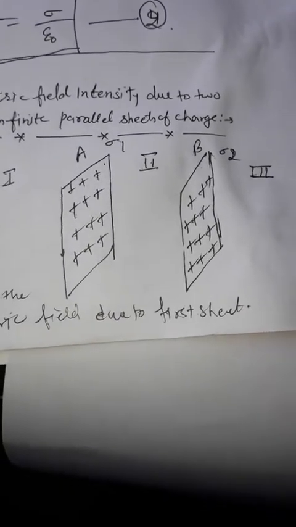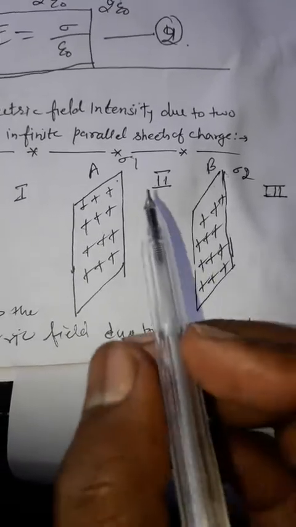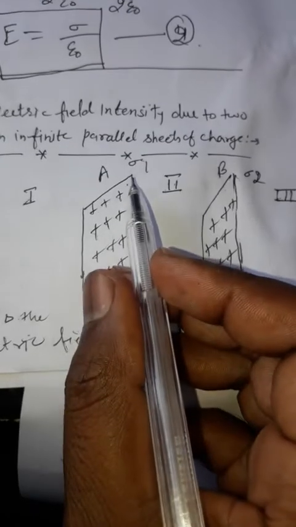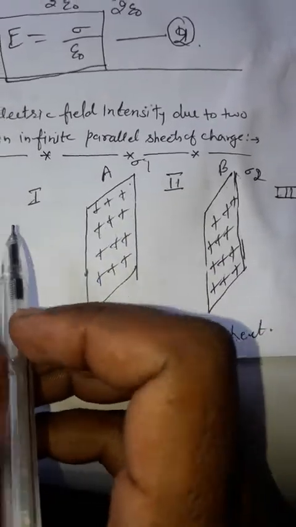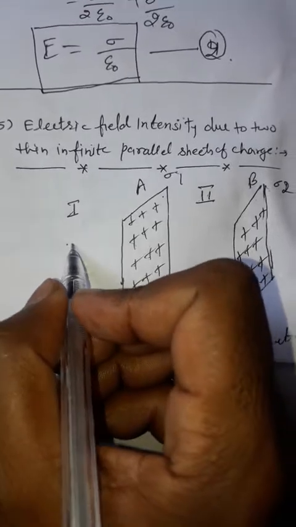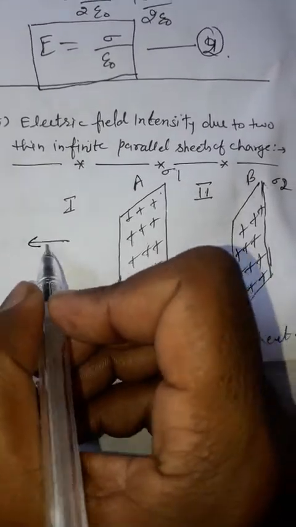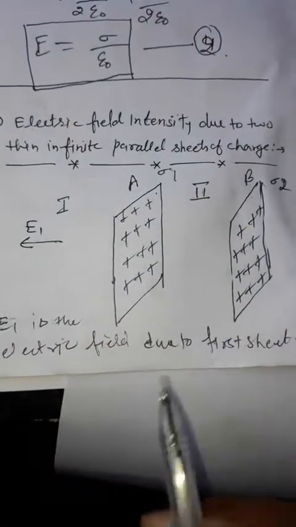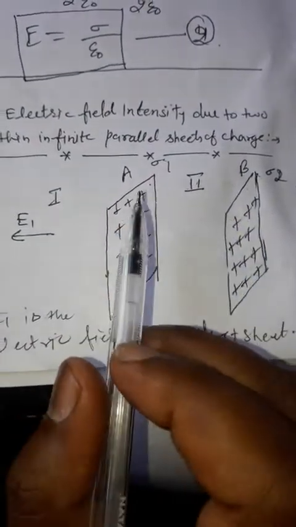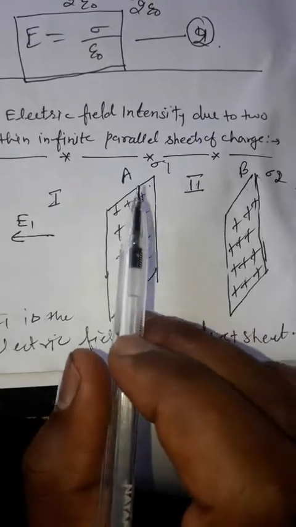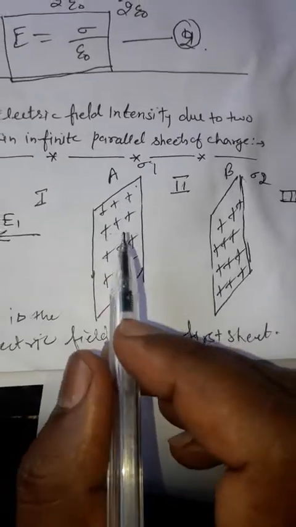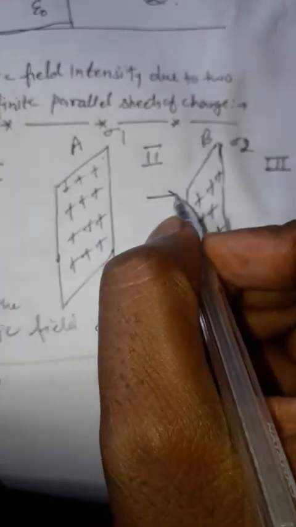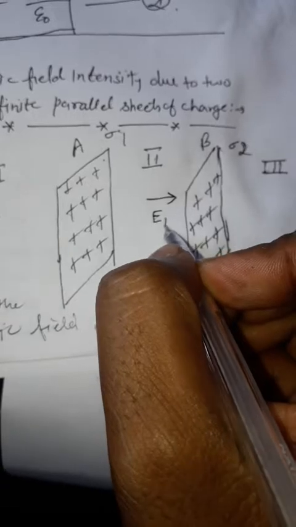Okay. Now if we see the first plate A, if it has surface charge density sigma 1, then towards the left at any point it must have a radially outward electric field, say it is called E1. This is the field due to the first plate, and towards the right of A there is also electric field radially outward in this direction, so it is also E1.